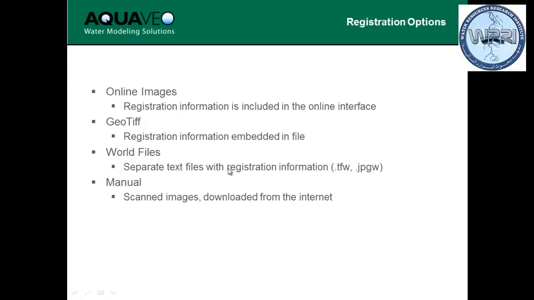Another way is if I have something called a GeoTIFF. That's a TIFF file with the registration information inside of the file. If I have a GeoTIFF, then WMS will automatically register that image. I don't need to do anything. I just read it in and it'll be registered.